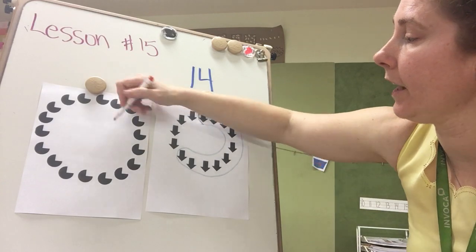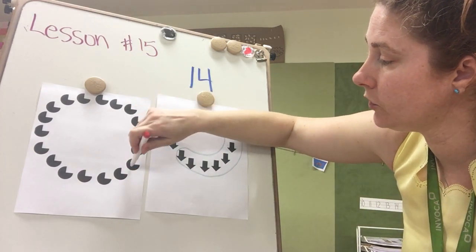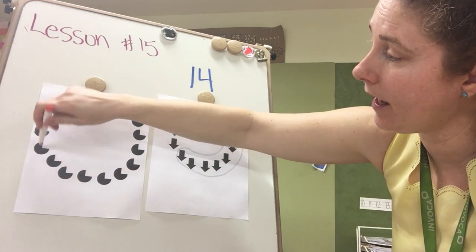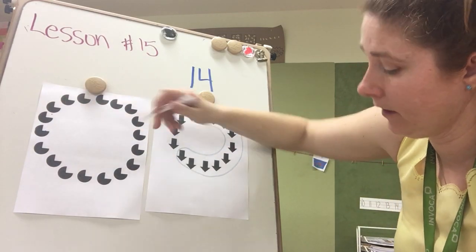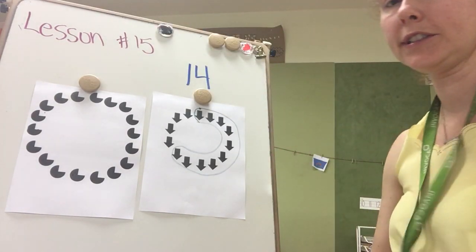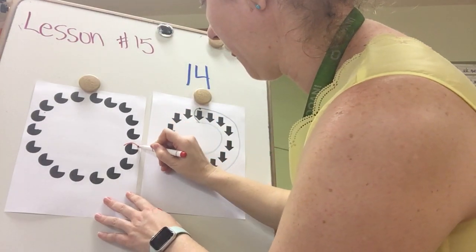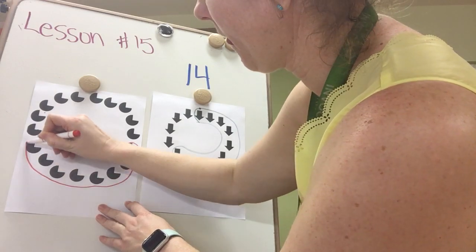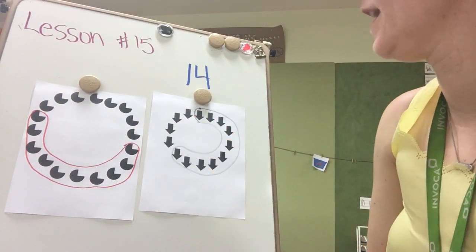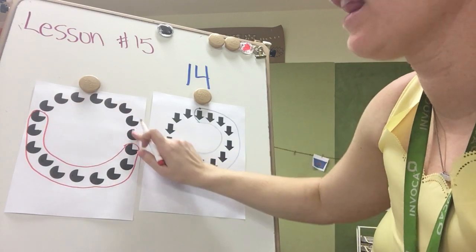Let's start counting the Pac-Mans. 1, 2, 3, 4, 5, 6, 7, 8, 9, 10. I will do the circle again so we can use that as a tool. So that's 10. There's a lot left though.